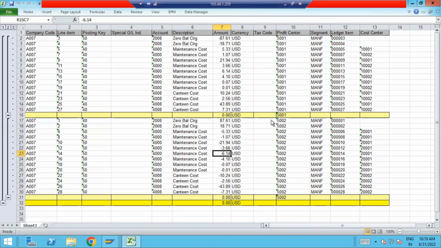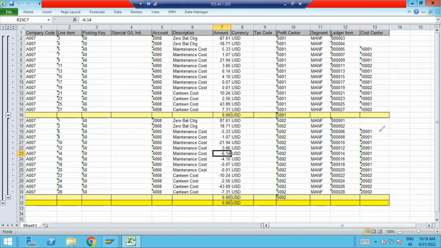So you can see these minus entries are there, 8761 and 8761, 1871 minus entry and this one. And where are we transferring the values? We are transferring the values from 5001 profit center to 5002, or one profit center is going to debit and one profit center is going to credit.